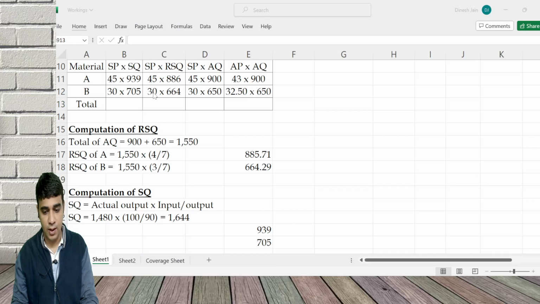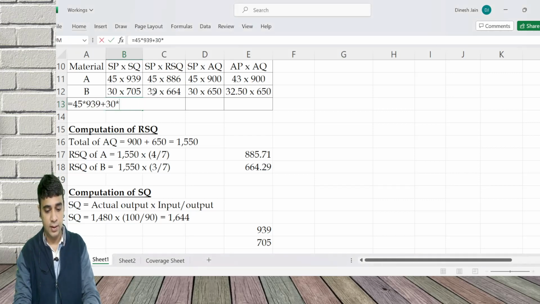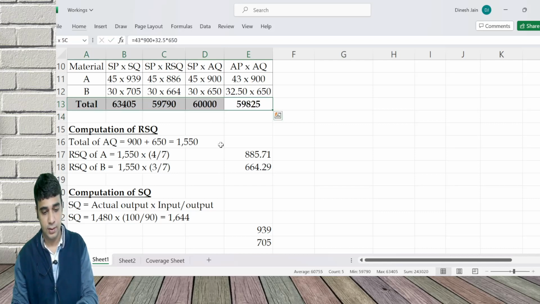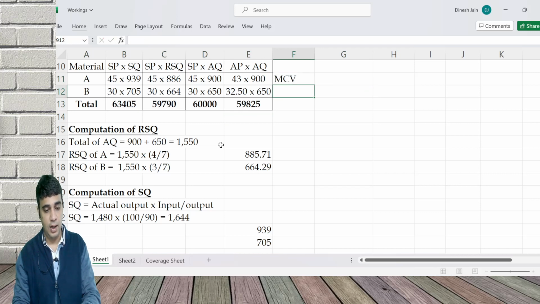So the first column is 45 into 939, 30 into 705, 45 into 886, 30 into 664, 45 into 900, 30 into 650, 43 into 900, 32.5 into 650. I'll not spend much time on material variances. I want to spend time on the other one.